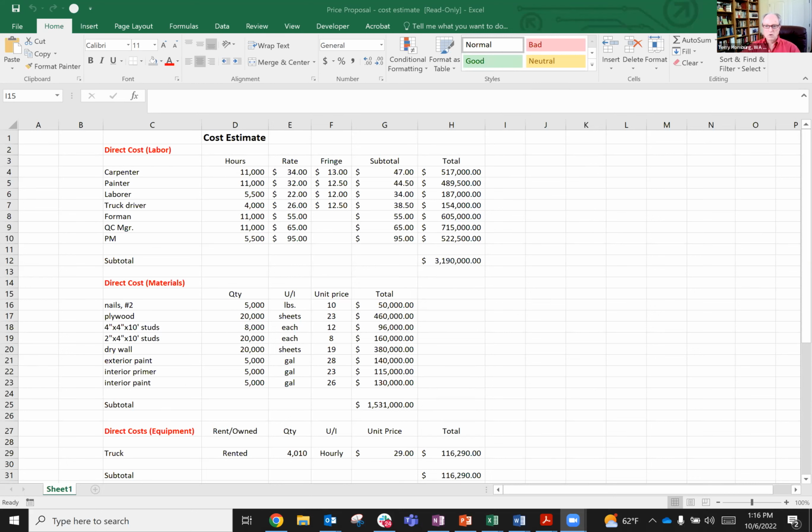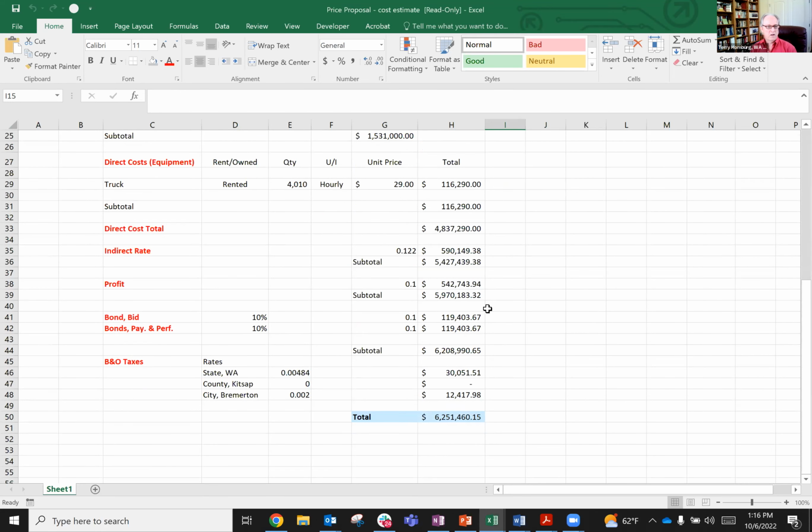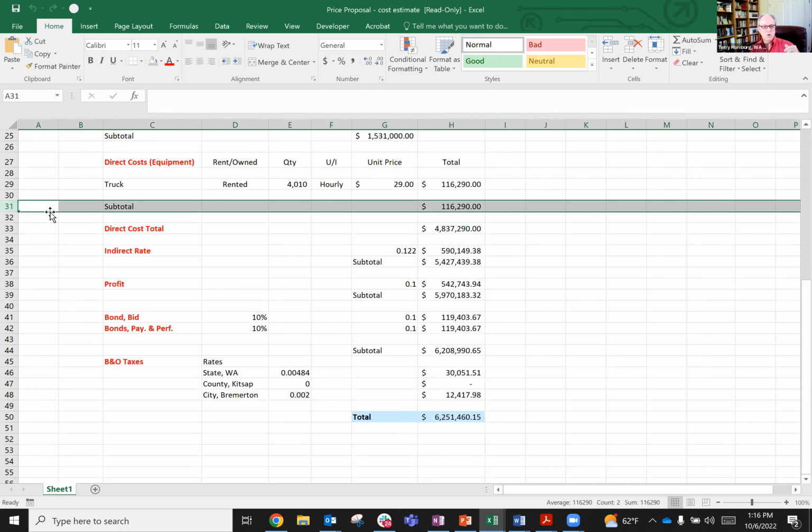Move down to the second half of that page, and you'll find subtotals throughout. Under direct costs, I just put one piece of equipment, a truck. We've got a subtotal for the equipment costs, and then a total for all the direct costs, which is labor, materials, and equipment.